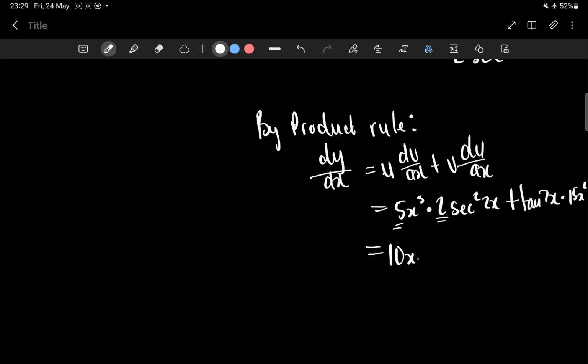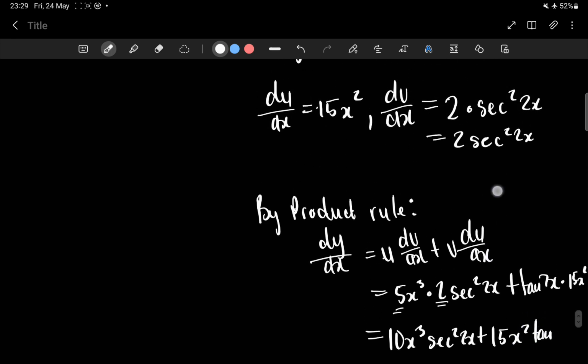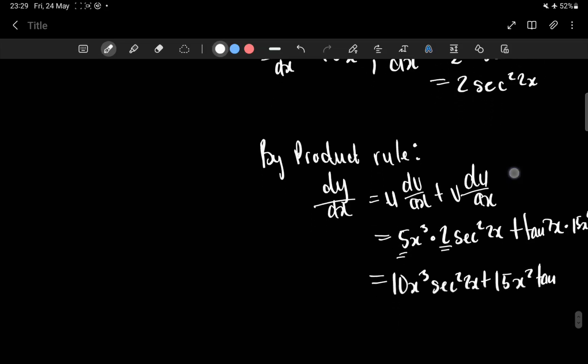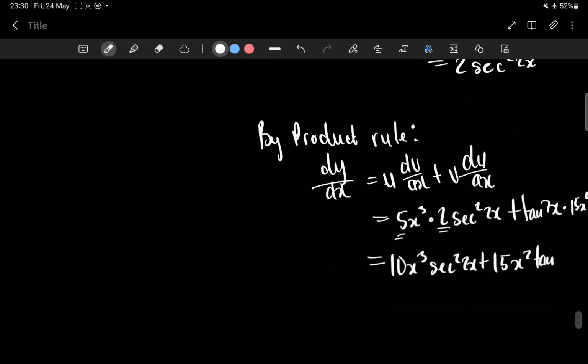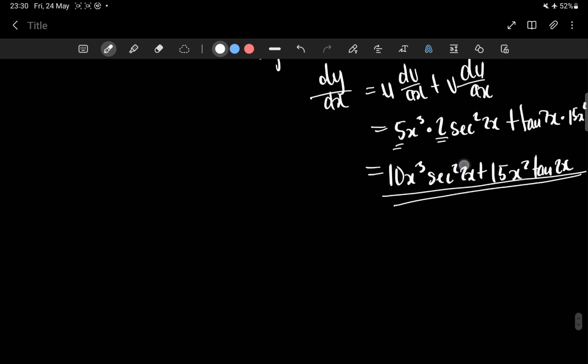It becomes 10x cubed sec squared 2x plus, in here we have no number except 15, so it'll be 15x squared. Then tan, is it tan 2x or tan squared x? It is tan 2x. So this would be a final solution.